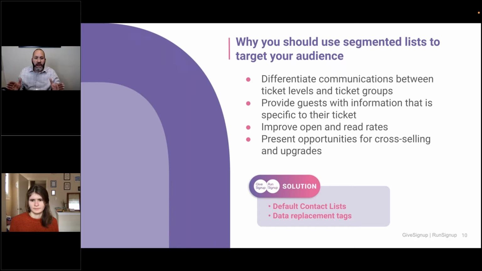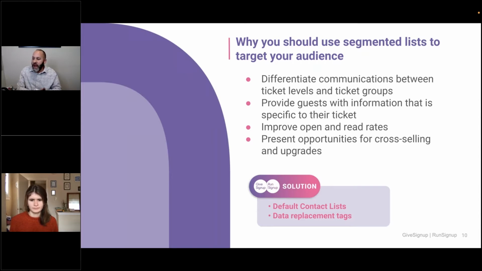If you customize that subject line, like, hey, our Friday night kickoff attendees, they're more likely to read that, because they're like, okay, these guys are talking to me, I've got the Friday ticket. And then they're more likely to engage and actually collect and retain that information you want them to have.